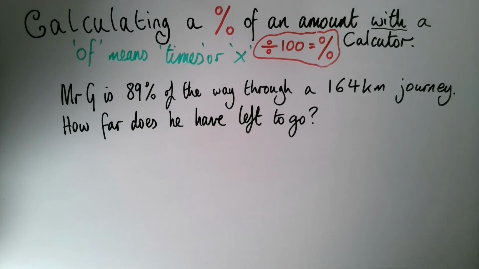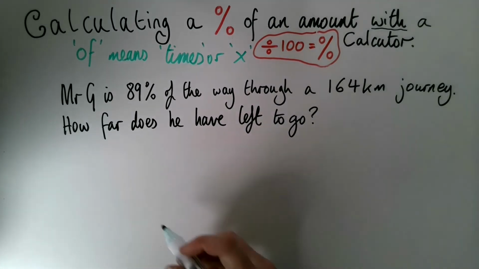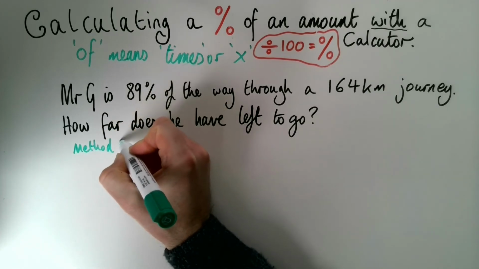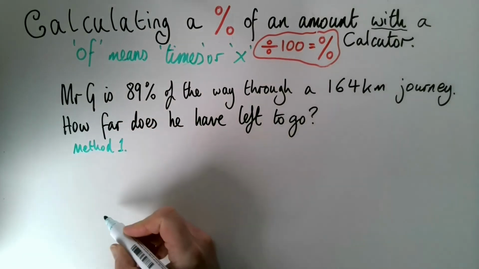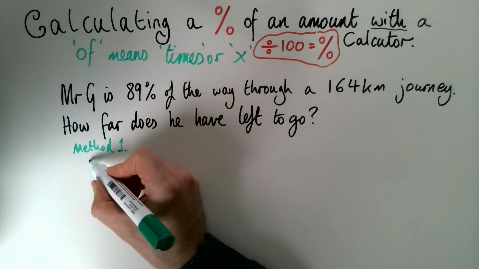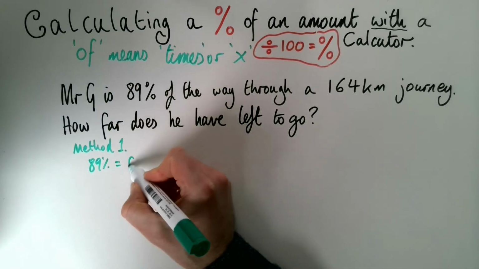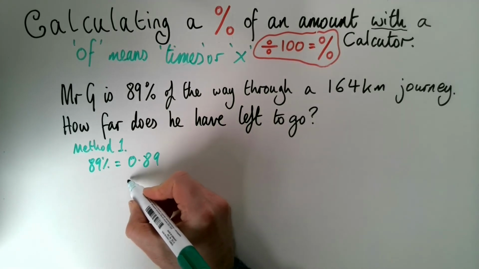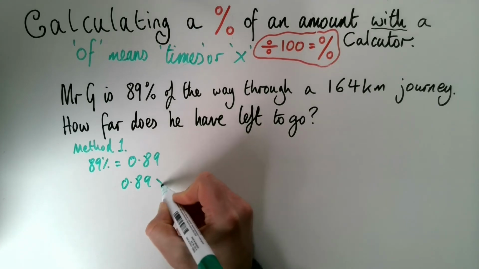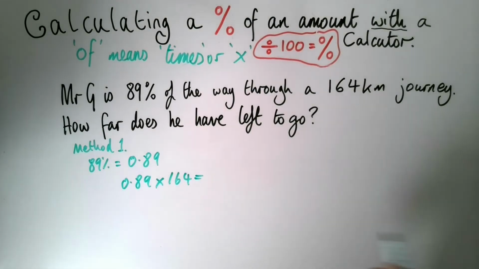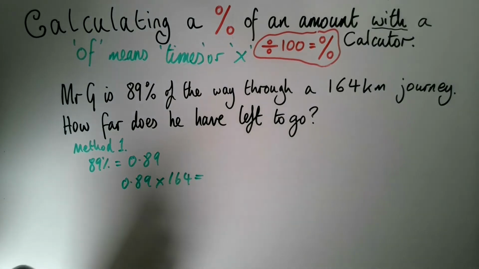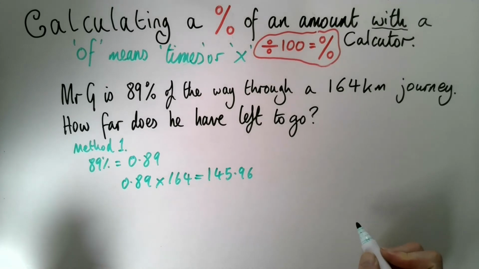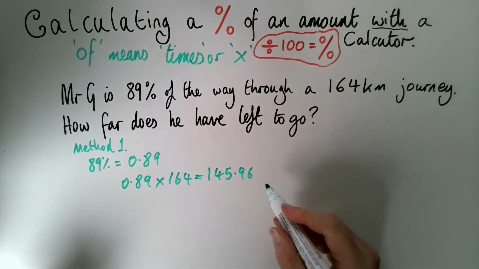Now there's two ways that you could do this using the calculator as far as I can see it. So I'm going to put in method 1 first of all, and then I'm going to put my favourite method over here. So method 1 would be to say that 89% equals 0.89, because 89 divided by 100 is 0.89. I would do 0.89 multiplied by 164, which would give me 145.96 kilometres, and then I would say that's how far he's gone.